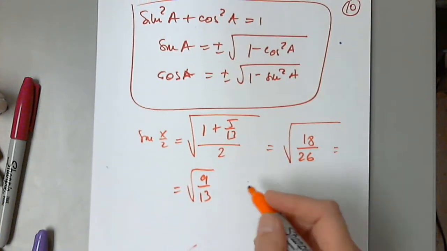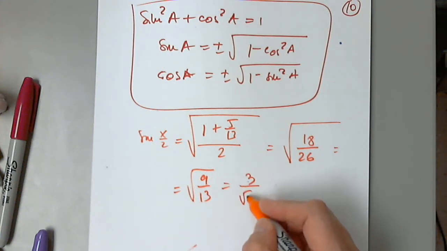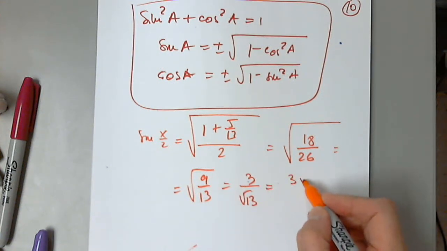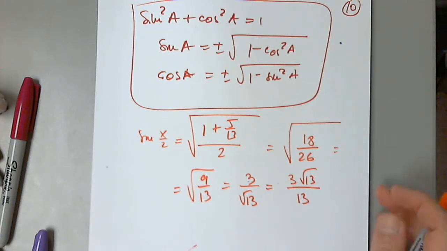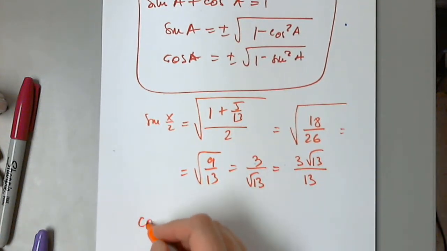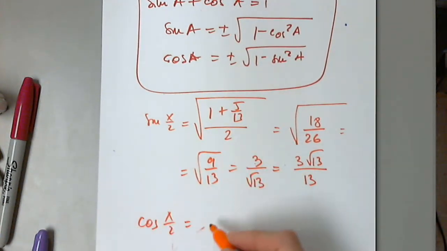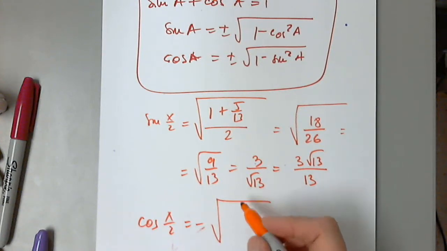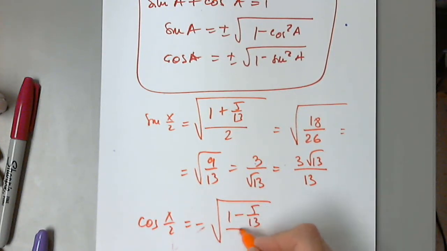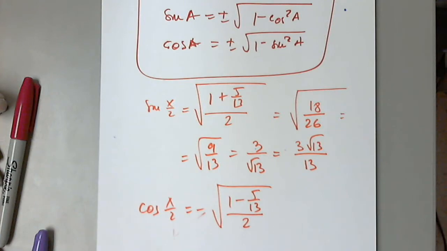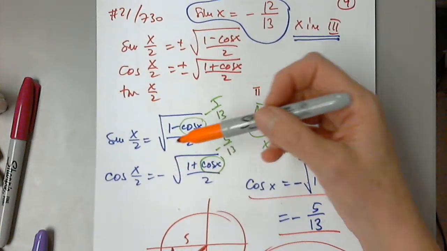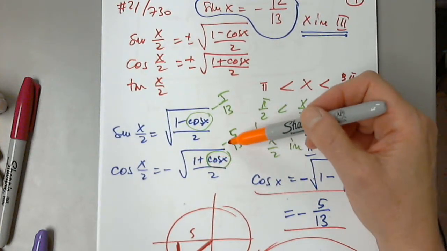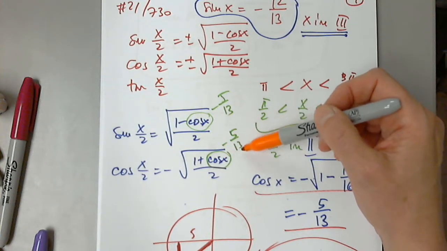Probably WebAssign will want you to write 3 over the square root of 13, which is 3 square root of 13 over 13. Then cosine x over 2 is the same thing, but 1 minus 5 over 13 divided by 2. Minus in front, 1, it's plus, but this is negative 5 over 13.